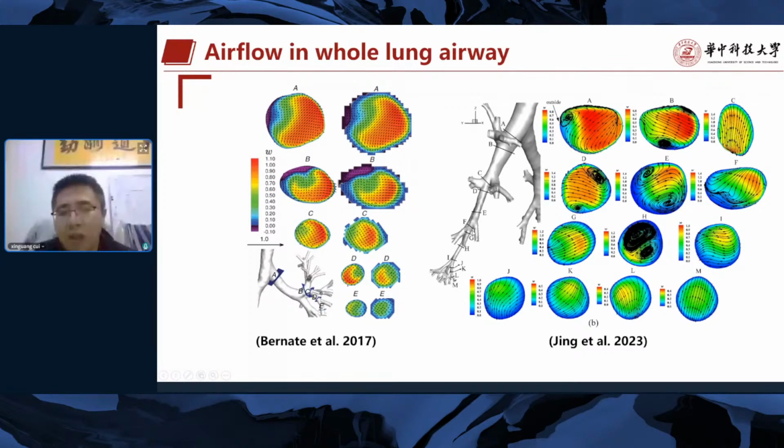From our research, we found that even with very thin, very fine arrays, there are still strong secondary flows, and also there is turbulence, and the turbulence intensity is also strong.